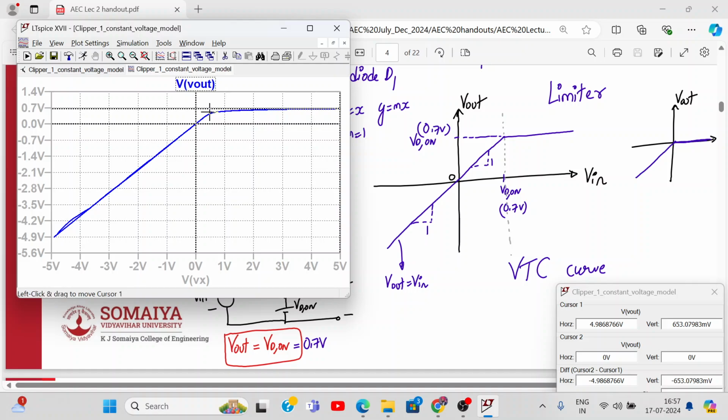See, it is passing through 0, then it goes towards. Now this small variation is there because of the actual diode. There will be some difference. There is no sharp transition. It's a smooth transition happening over here. So practically this doesn't happen sharply. This happens smoothly. All right. Okay. Any queries?